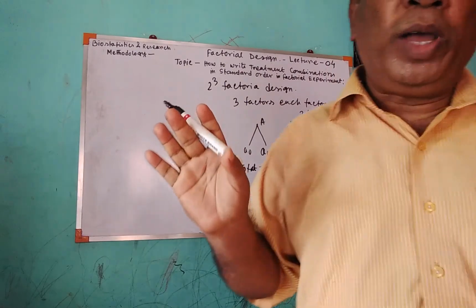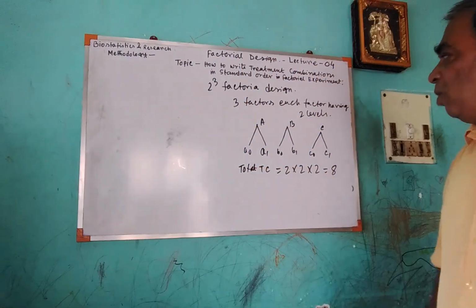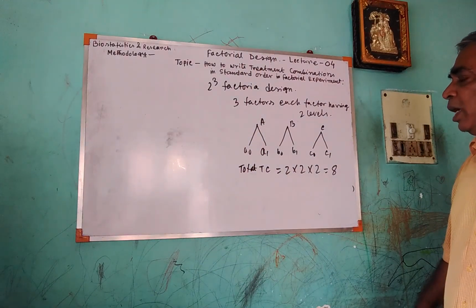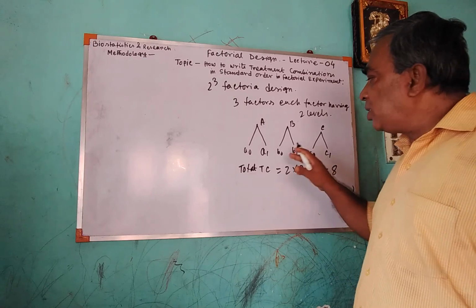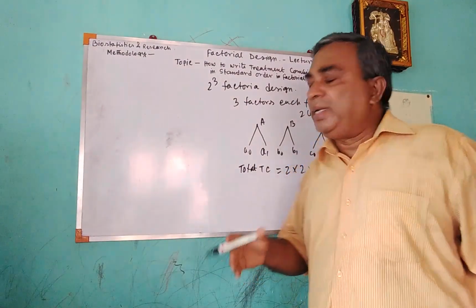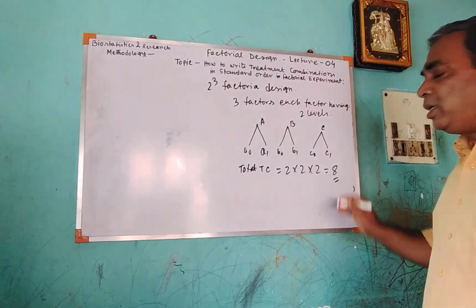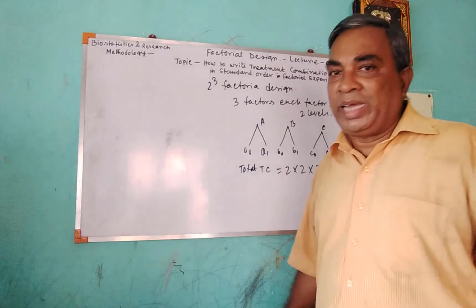That means if we combine all these levels, we will get 8 combinations, like in 2 square factorial design.